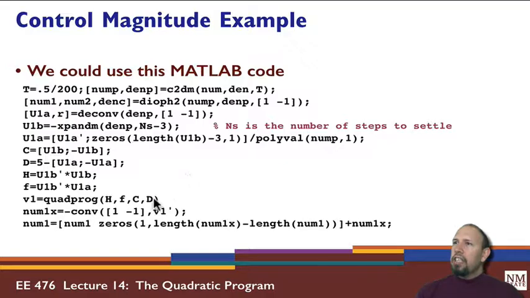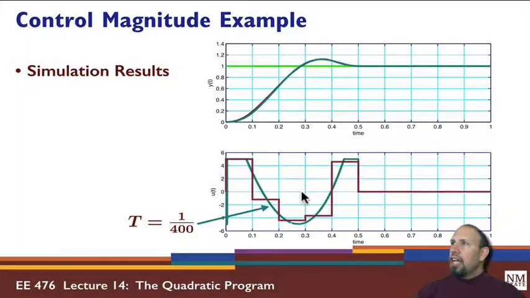So now if we take this controller, the controller num1, and then the num2 and den C, the minimum order num2 and den C, then we get this response. Here what we see are the responses of the system when we used sampling period 0.1 and took 5 steps to settle, and 1 over 400 and took 200 steps to settle. This bluish response is the response we get.